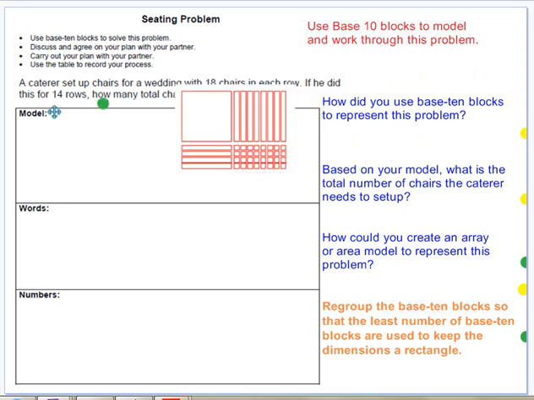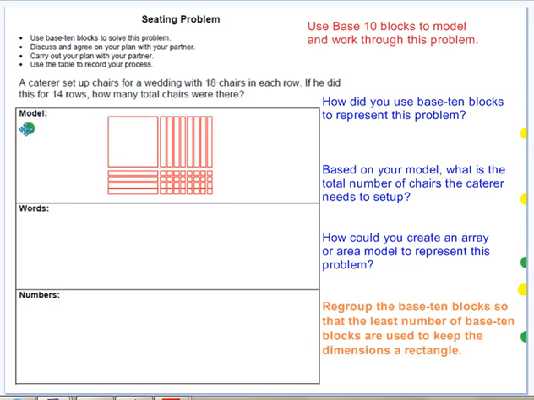Well, you may have done something like this, where we have a 100th grid, and then 1, 2, 3, 4 of your 10 longs down here. That means there are 10 units in one. And then 1, 2, 3, 4, 5, 6, 7, 8 more 10 longs along this side.